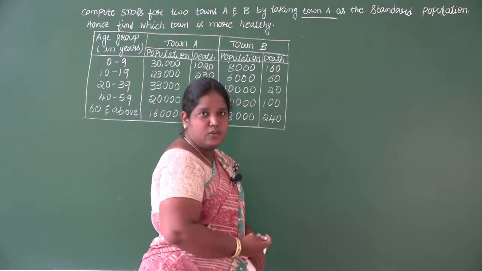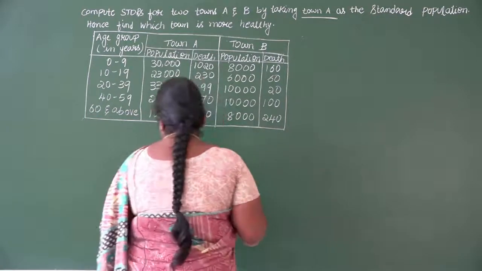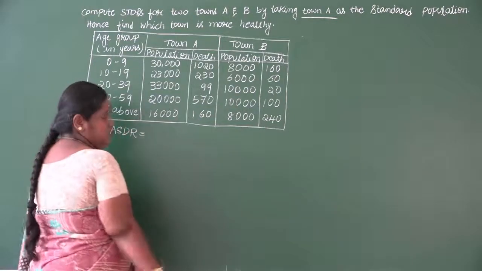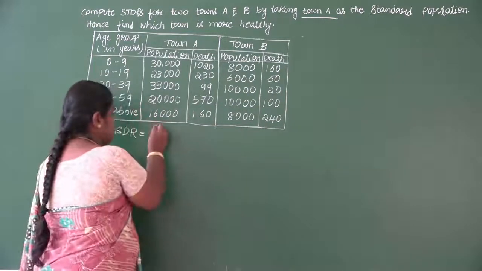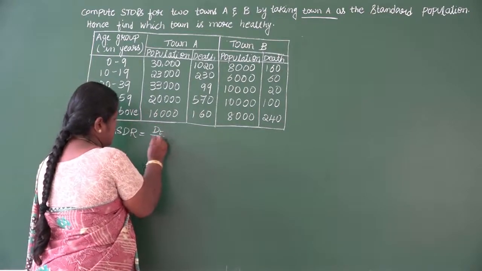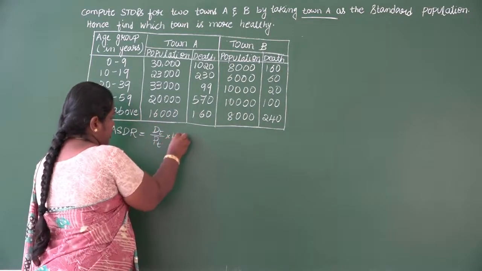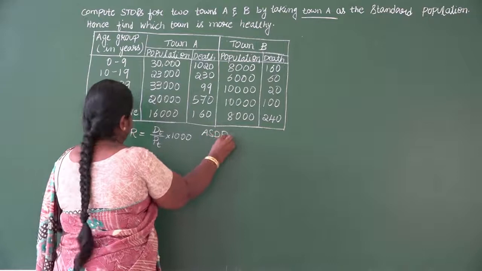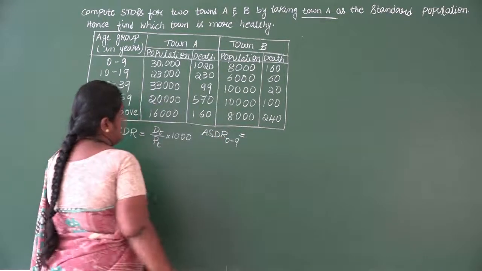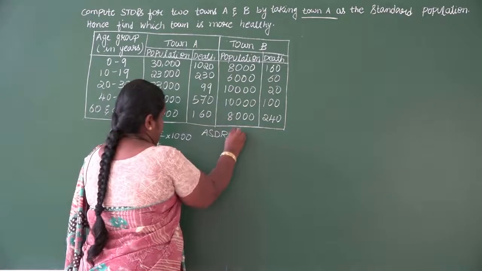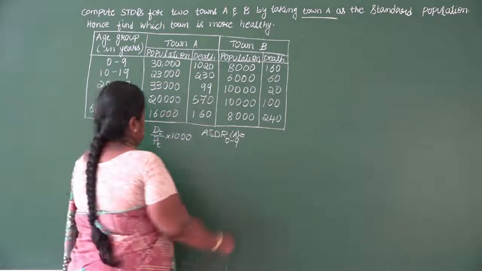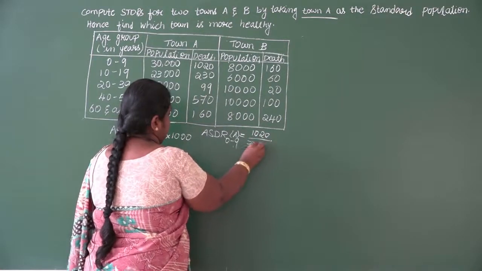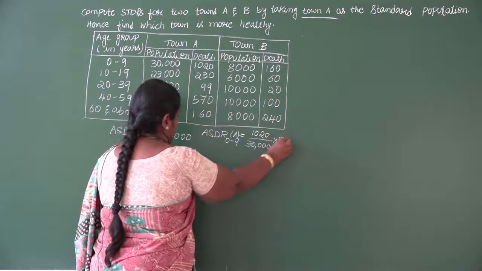There are two methods of doing this problem. I will be doing both methods. The first method is similar to what we learnt in the previous class. For that we have to calculate ASDR. The ASDR formula is DT divided by PT into 1000. For the age group 0 to 9, for town A, it will be 1020 divided by 30,000 into 1000.